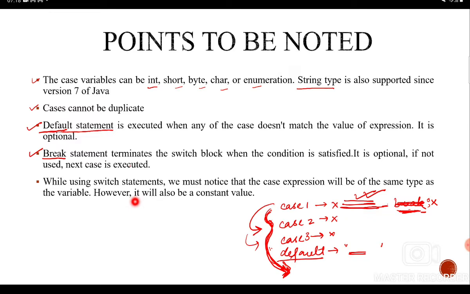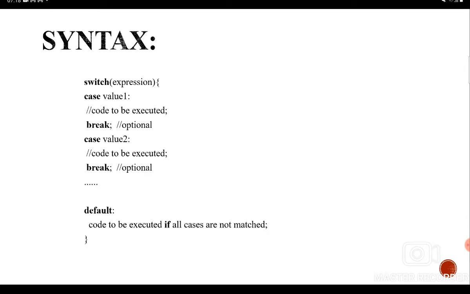Now while using switch statements, we must notice that the case expression will be of the same type as the variable, and it will also be a constant value. I think this is self-explanatory. So whenever we look at a case expression, it will be the same type as the variable. Let us move ahead. This syntax will make things more clear.